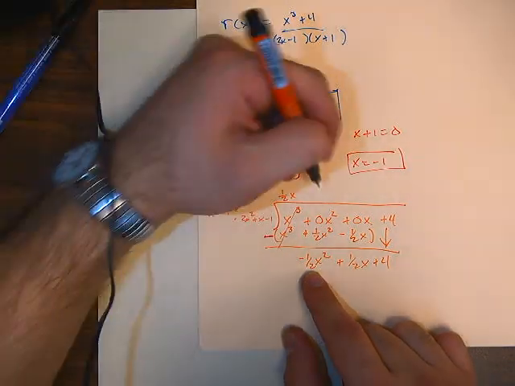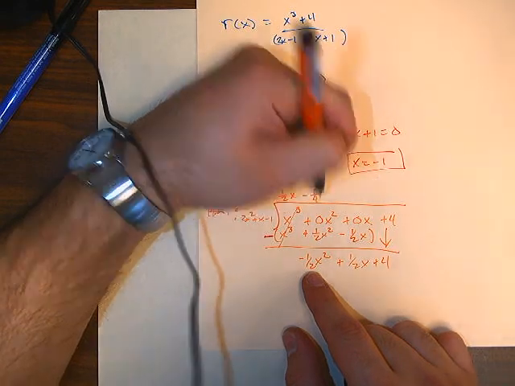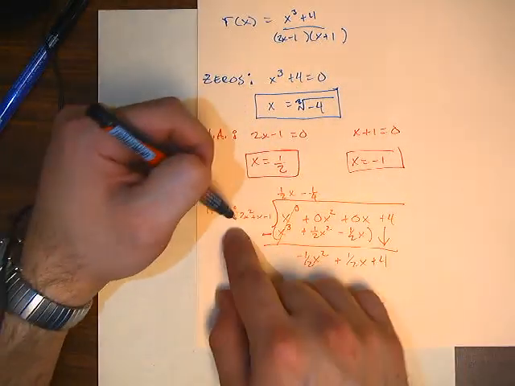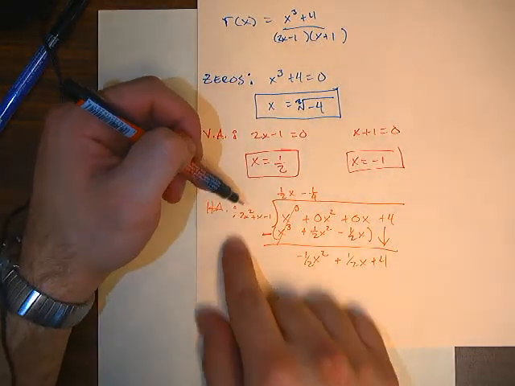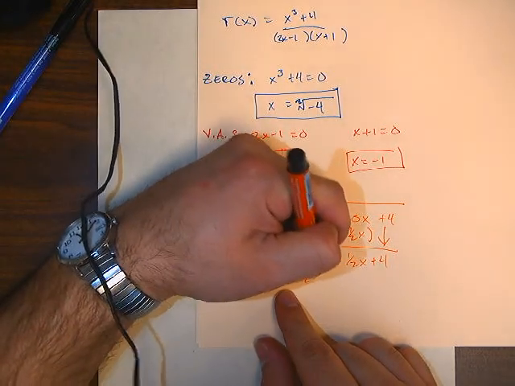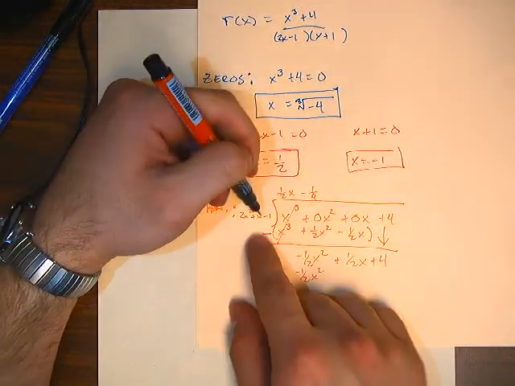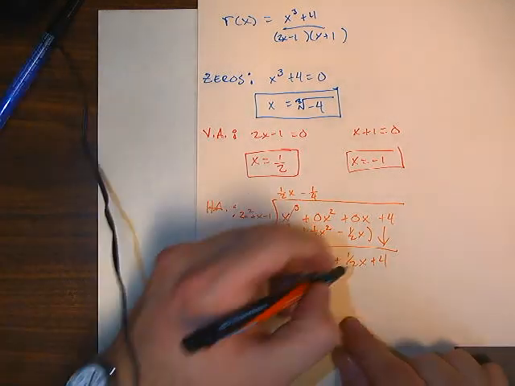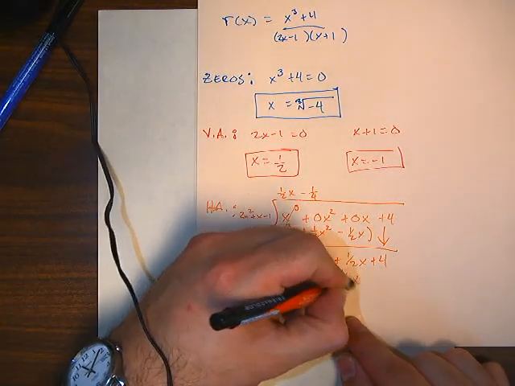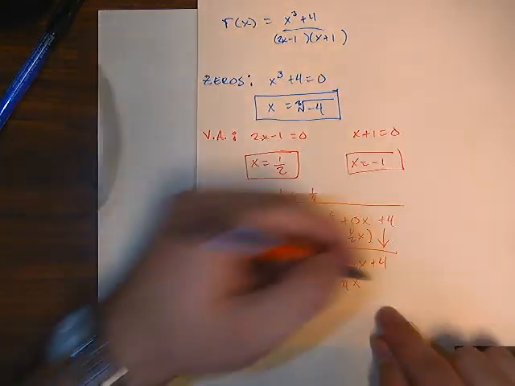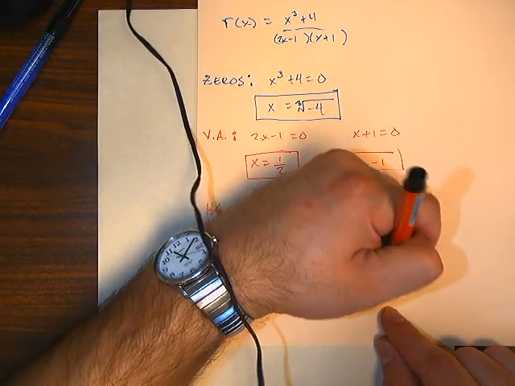I'm going to multiply it by negative 1/4. So I multiply this by negative 1/4, and I do end up with negative 1/2 x squared. Negative 1/4 times positive x gives me negative 1/4 x. Negative 1/4 times negative 1 gives me positive 1/4.